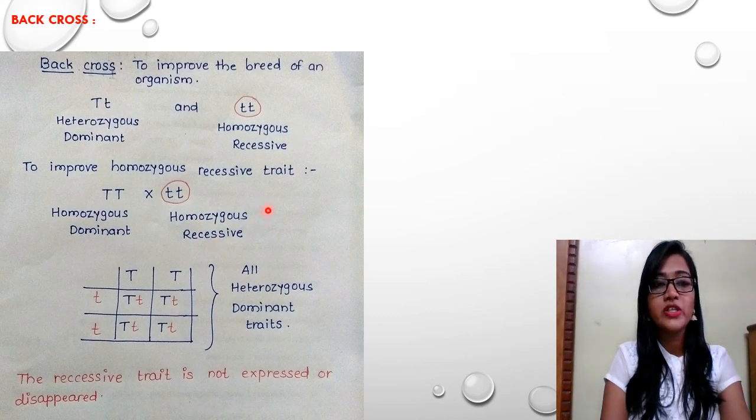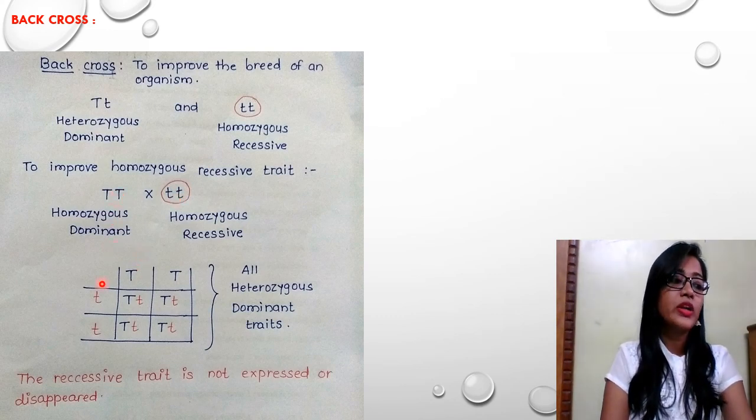Now what is our agenda? We don't want this small t; we want to eliminate this homozygous recessive trait. Because we want to improve the breed, we want all the tall plants, whether heterozygous or homozygous, but we want to eliminate the small t type of genotype. So we will cross that recessive homozygous trait with the homozygous dominant trait.